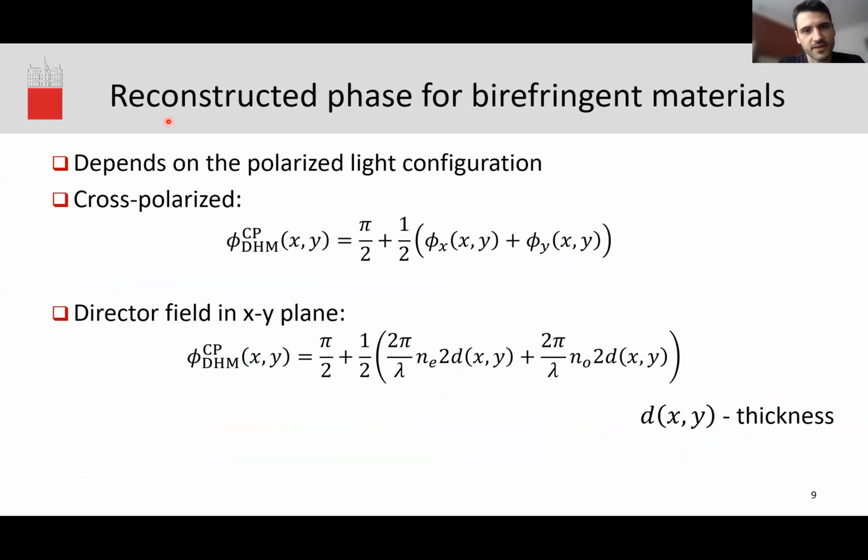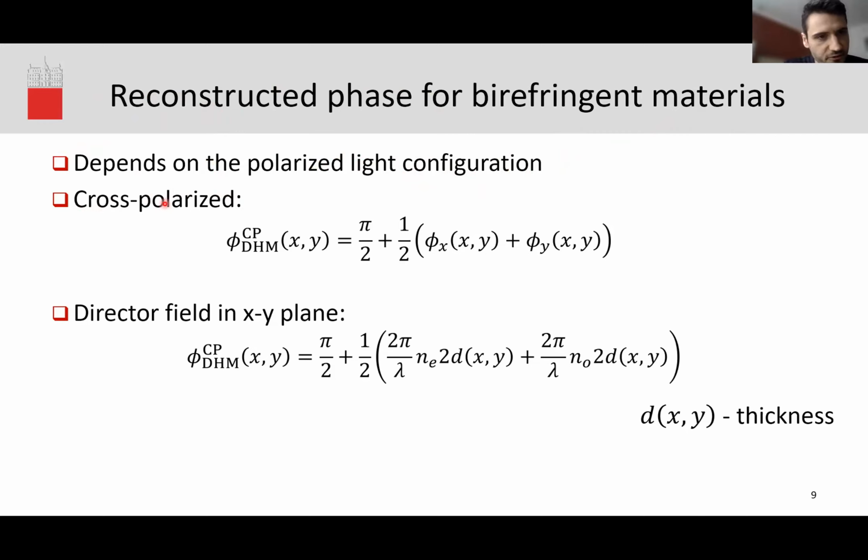Okay, so in the isotropic case that we had before, the phase could be really easily related to height, and from there to topography. But in the case of birefringent materials, the interpretation of the reconstructed phase is a little bit more complicated and depends on the polarized light configuration, so it depends on the input and output configuration.